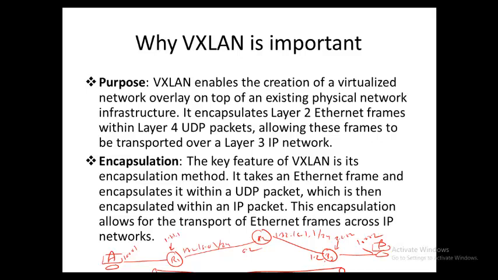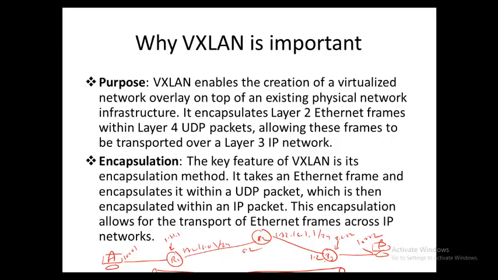Now, what is this tunnel going to do? This tunnel is going to carry layer 2 traffic. But I told you, a tunnel is nothing but encapsulation. And if you need to carry layer 2 traffic, then the tunnel needs to have a layer 3 address to move the packet from R1 to R3.